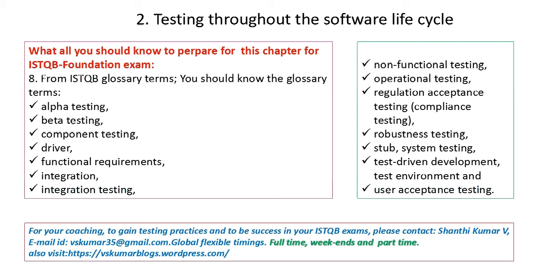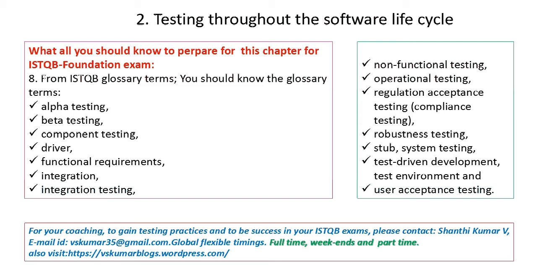And next one is test environment and user acceptance testing. Test environment is like, environment wise also you can plan for testing how it works on particular environments. If you have Oracle different versions, on different versions how it works. If you have operating systems like Linux, Unix, then Windows, Mac, that kind of things also can be considered.